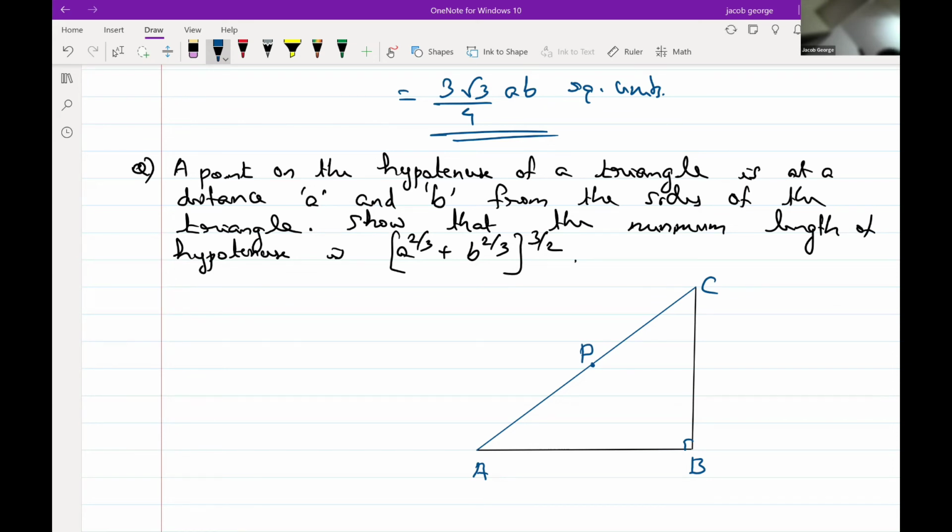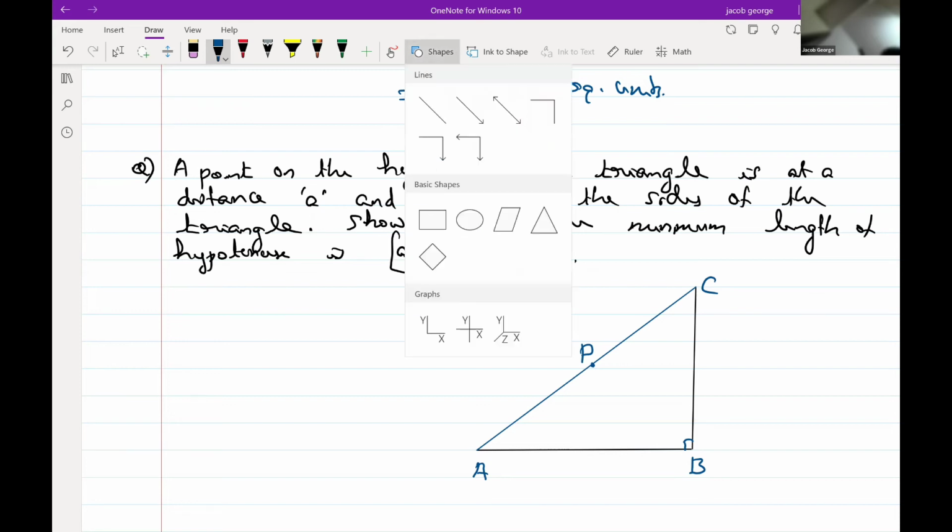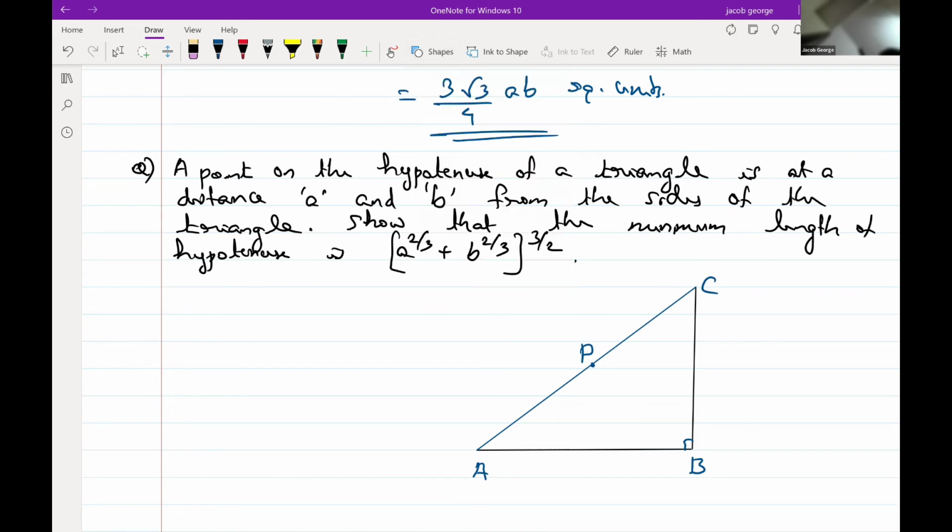Then the distances we have to take are a unit and b unit from the sides. That means this distance is a unit. From P, we should take the perpendicular distances, like this, a unit and b unit, the two distances.